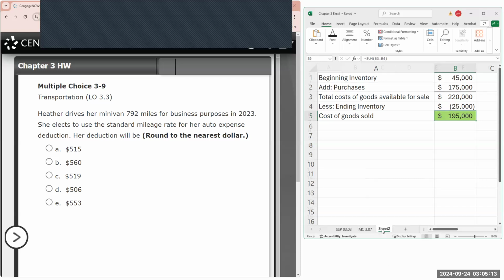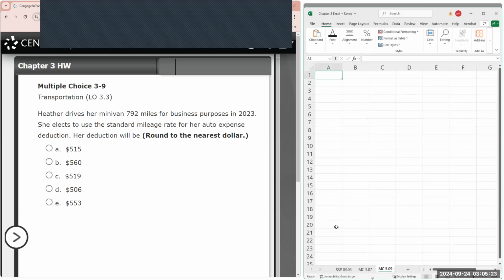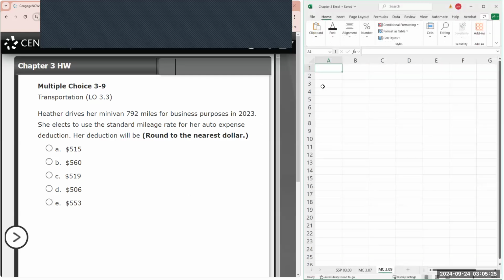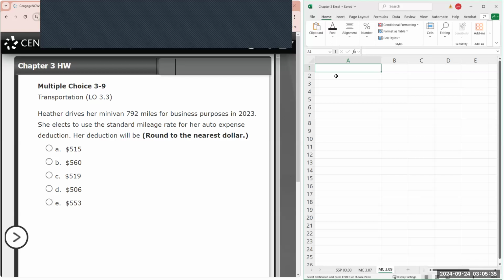Her deduction will be. So we know that the standard mileage rate, and again, it changes each year, but for 2023, it is 65.5 cents. So how are we going to determine how much is going to be deducted for the standard mileage? So we can simply just copy over the information from this example.